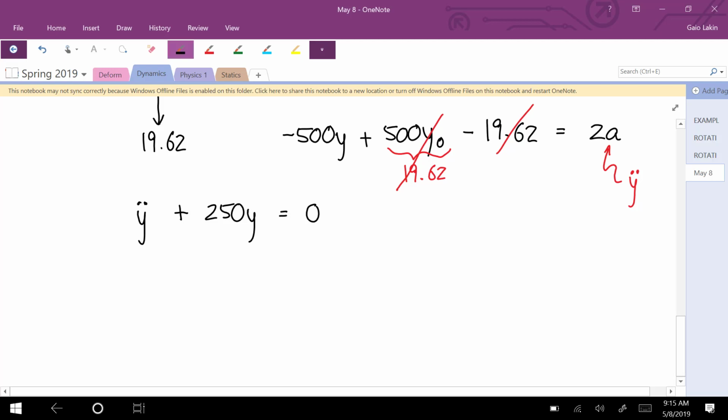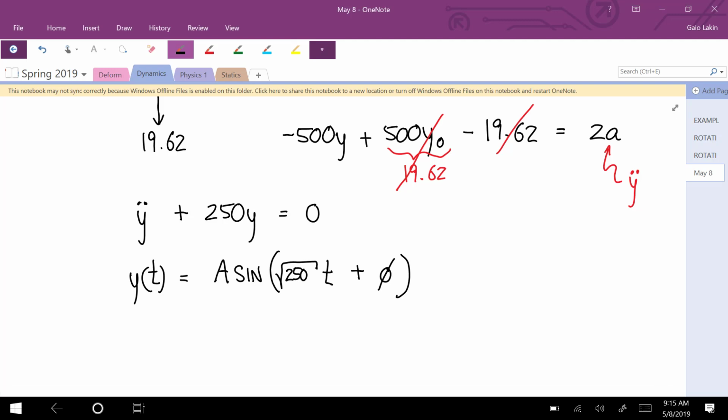And the solution to that is y as a function of time is equal to A times the sine of the quantity square root of 250 times time plus phi. And then, did you say it says something about how you pull?